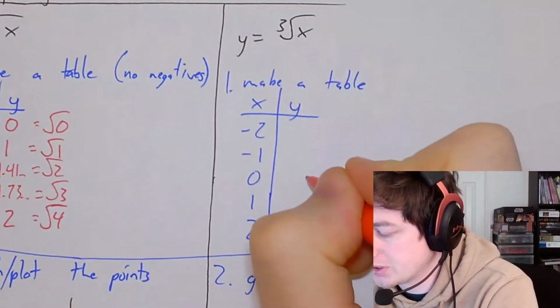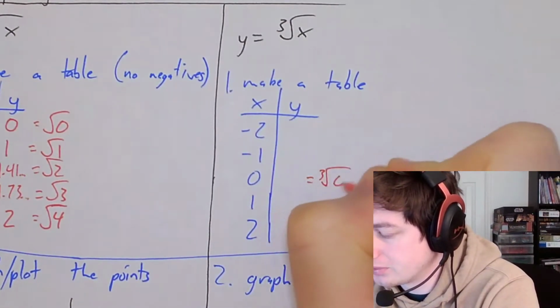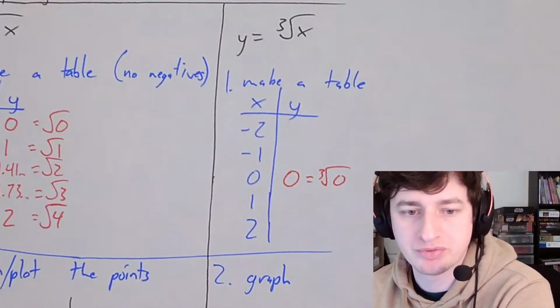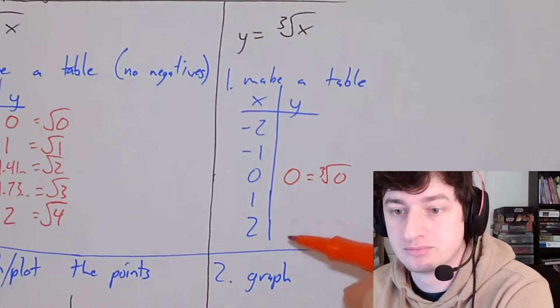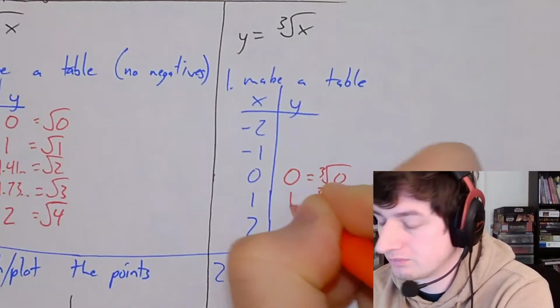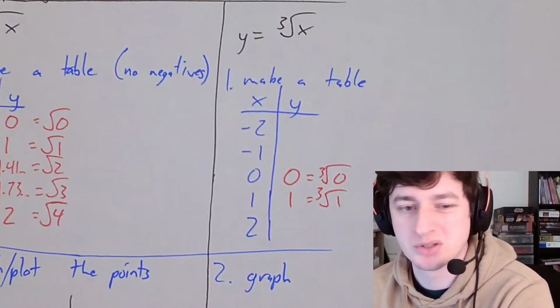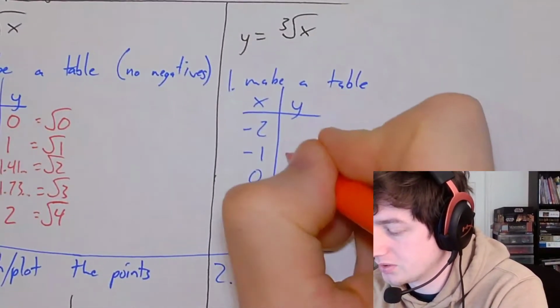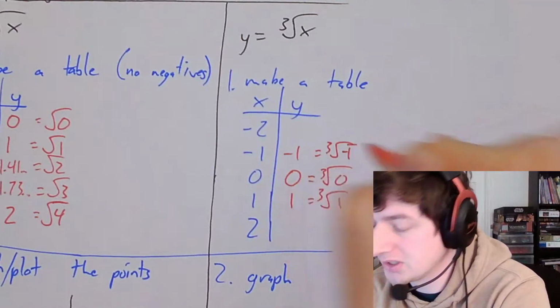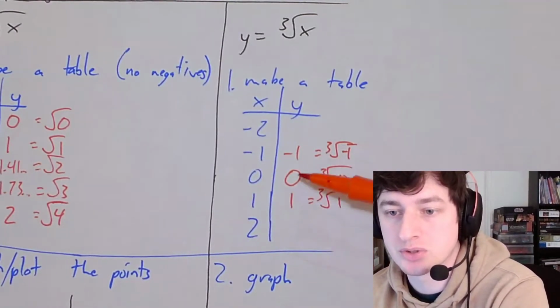So the first one here, the cube root of 0 is 0. That's the one that's fine. Oh, and the 1s will also be fine. Keep forgetting, 1's easy too. Cube root of 1 is 1, because 1 times 1 times 1 is 1. And then this one's also negative 1. So the difference here is we have negative numbers.